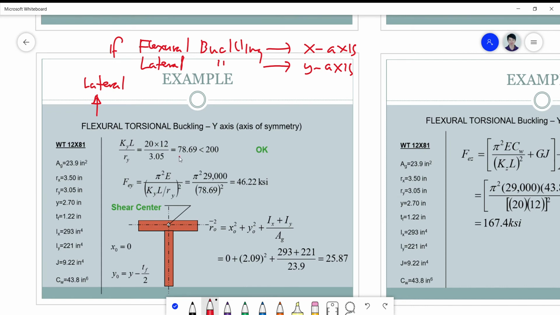Okay, so 78.69, you just compute it. Less than 200, this is for serviceability, check it.